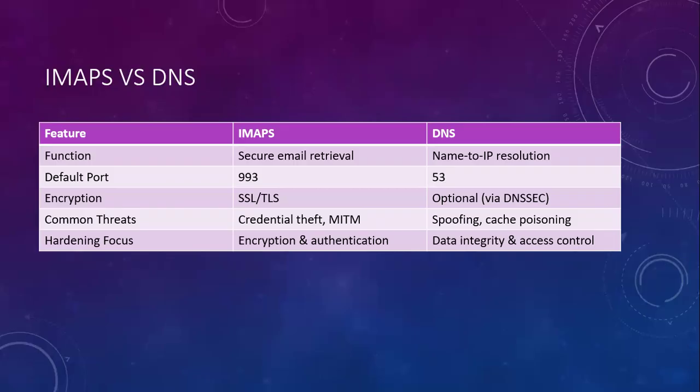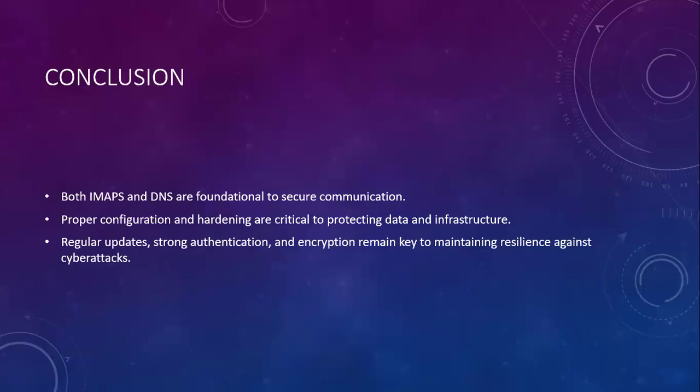Common threats for IMAPS are credential theft, which we talked about, or MITM. We also talked about how the DNS common threats are spoofing, cache poisoning, and DoS attacks. IMAPS hardening focus: encryption and authentication. Get that two-factor authentication, all that we talked about earlier. For DNS, the hardening focus is data integrity and access control.